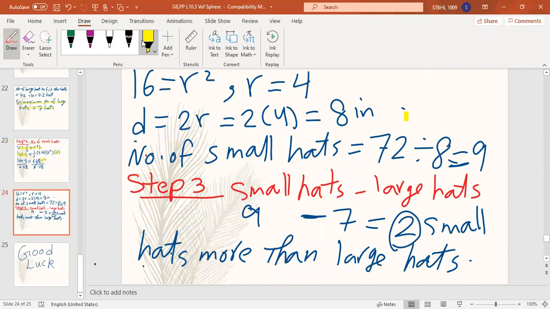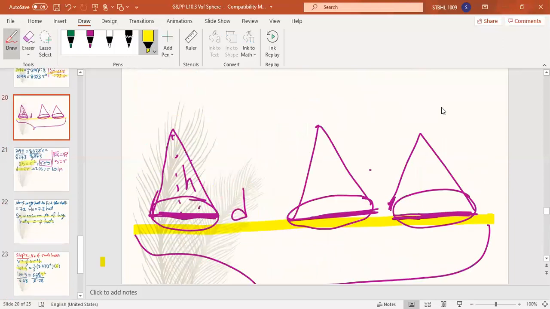Do we need r squared? No, teacher, we need just r. Why? Because we need to find the diameter, and directly D equals 2r equals 2 times 4 equals 8 inches. And now, do you remember this? To find the number of small hats on the shelf, we need to divide the length of the shelf again by the diameter of the small hats.